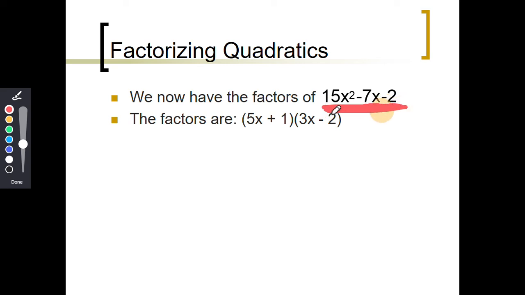When you factorize this quadratic trinomial, or this quadratic 3-term expression, our answer is 5x plus 1 times 3x take away 2. So this is our answer.